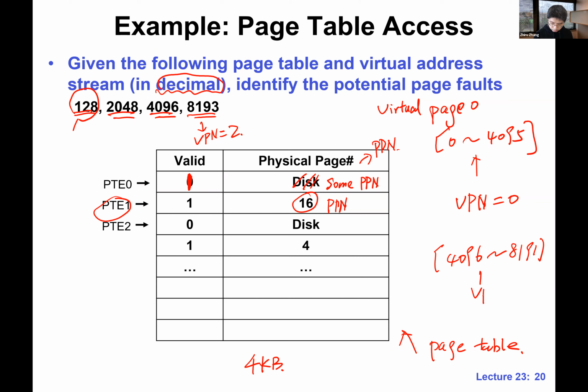This is VPN 1, the second page. The third page, so this address is in the third page. So that's why the VPN is 2. And we need to access this PTE, and we have a page fault. Is it clear?